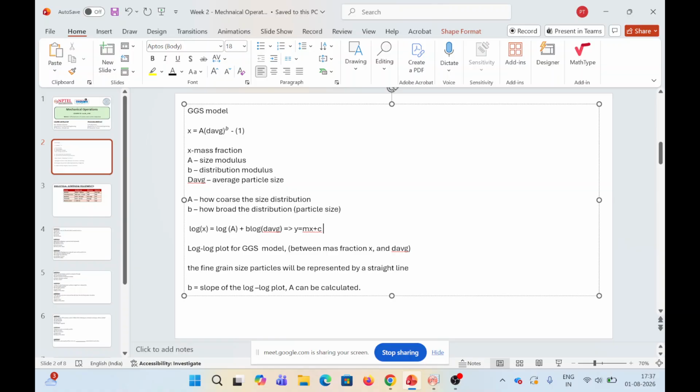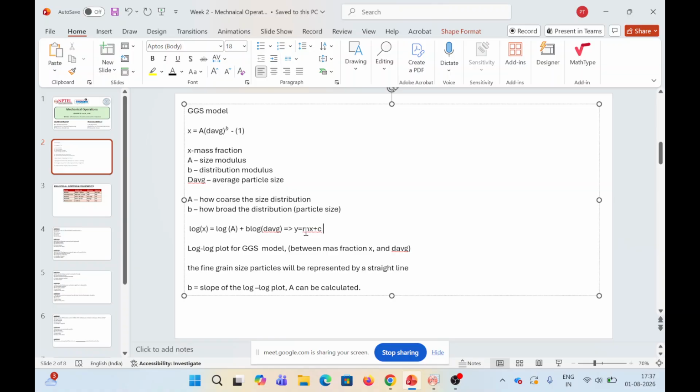To say it in a very straightforward way, the effectiveness of a screen represents the efficiency with which the screen separates the particles. So the separating efficiency of a screen is known as the effectiveness of a screen.